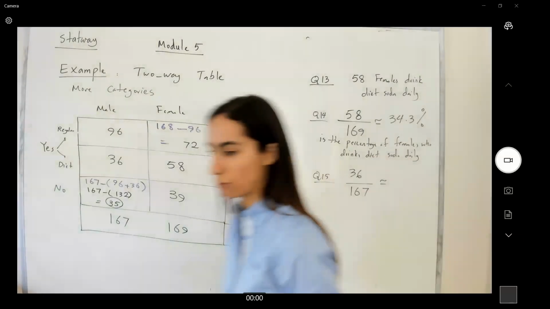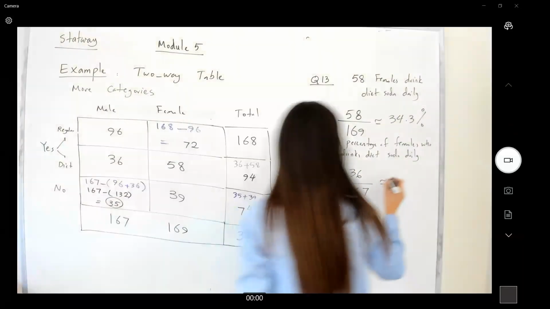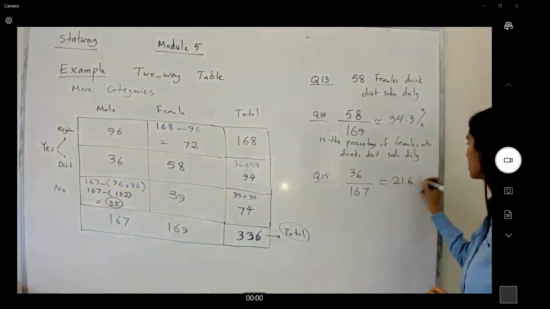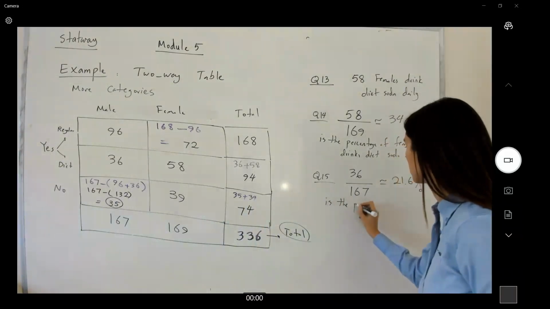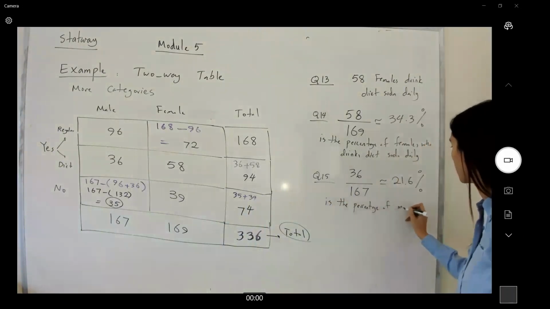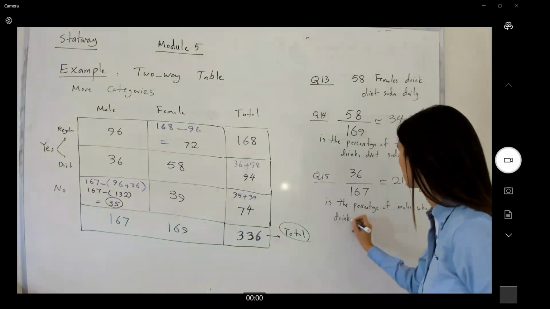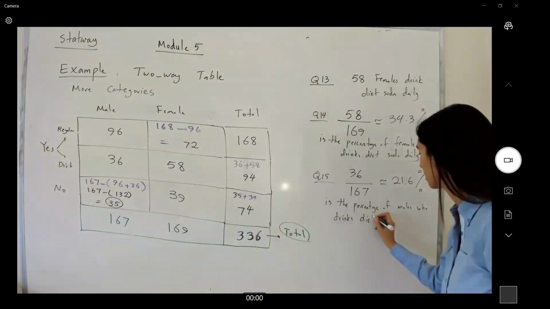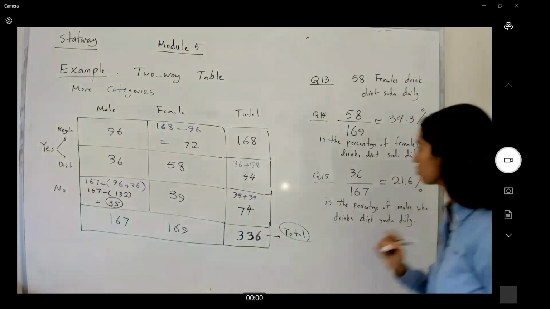Okay, let's find the percentage. 21.5, 21.6. 21.6% is the percentage of males who drink diet soda daily. So which percentage is higher?